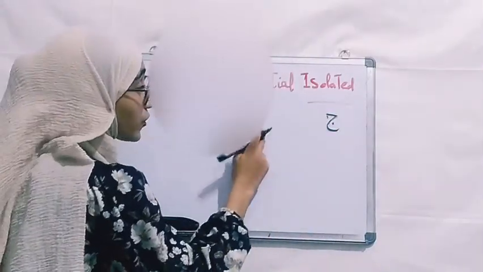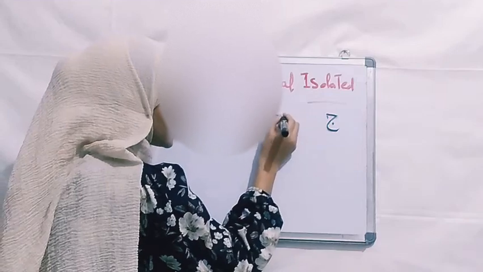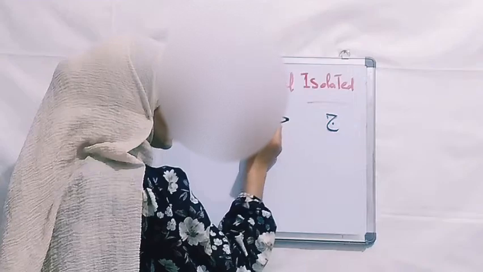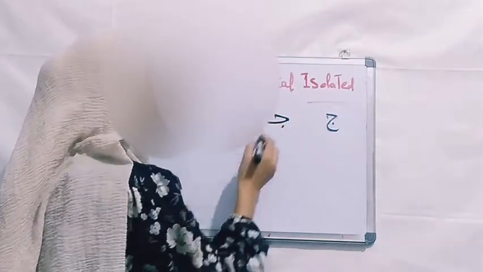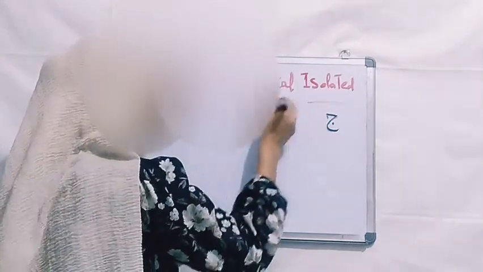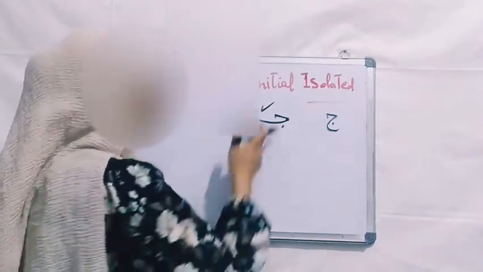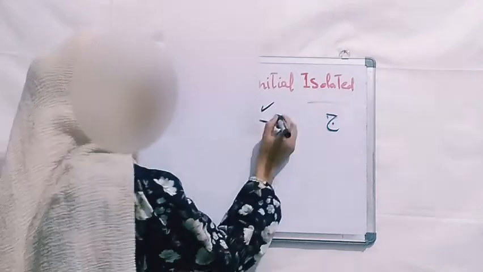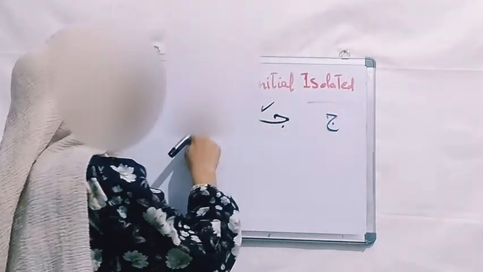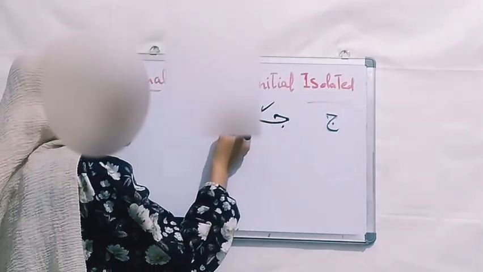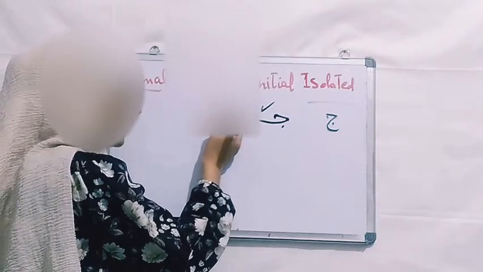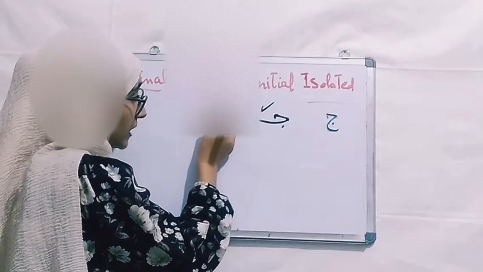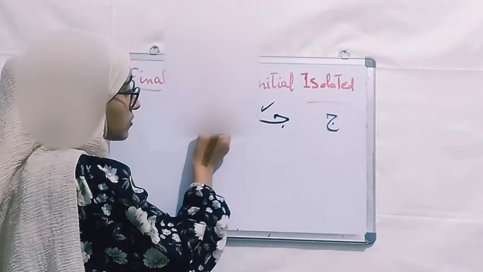In the initial form, you write jim like this, because it needs to be connected to other letters, okay? Because it's in the initial form at the beginning of the word. And in the middle form, because it needs to be connected to before and after, you have to keep the connecting line, and I write my jim, then I keep this straight.